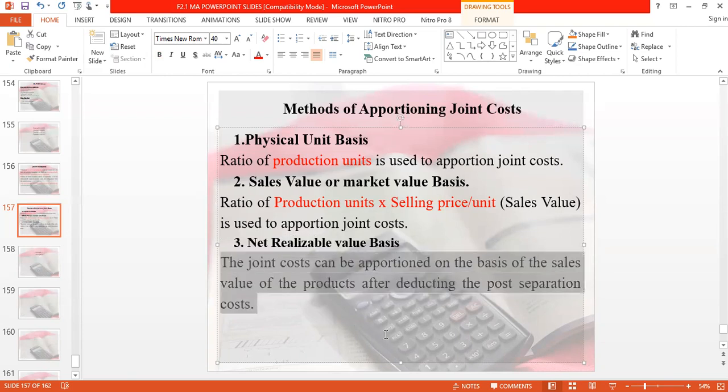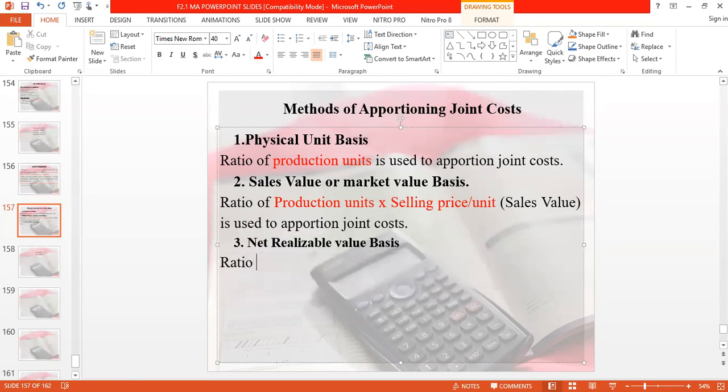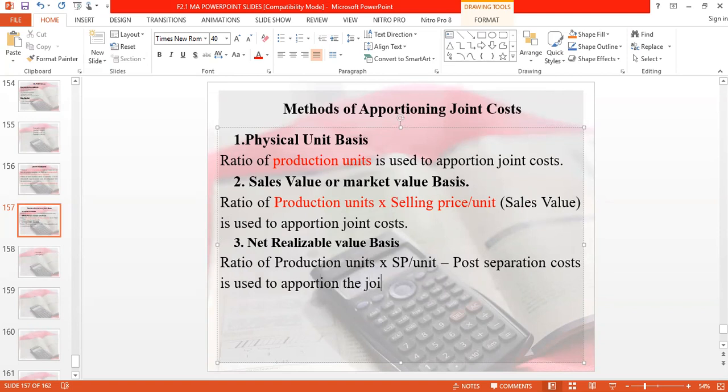So the third method, ratio of sales value or production units, let me use this: production units times selling price per unit minus post separation costs is used to apportion the joint cost.